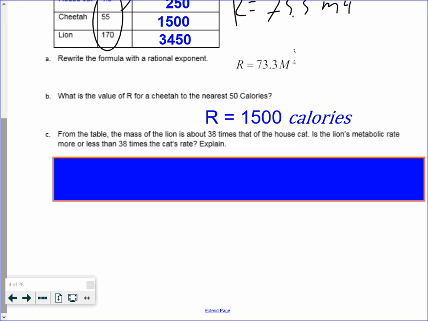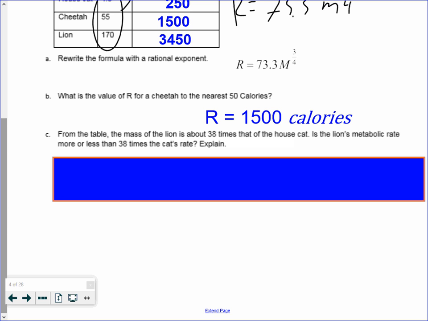And lastly, on C, we're told that from the table, the mass of a lion is about 38 times that of a house cat. So a lion is about 38 times heavier than a typical house cat. We're asked, is the lion's metabolic rate more or less than 38 times the cat's rate? You want to see if the lion's metabolic rate is also 38 times bigger than the house cat's.